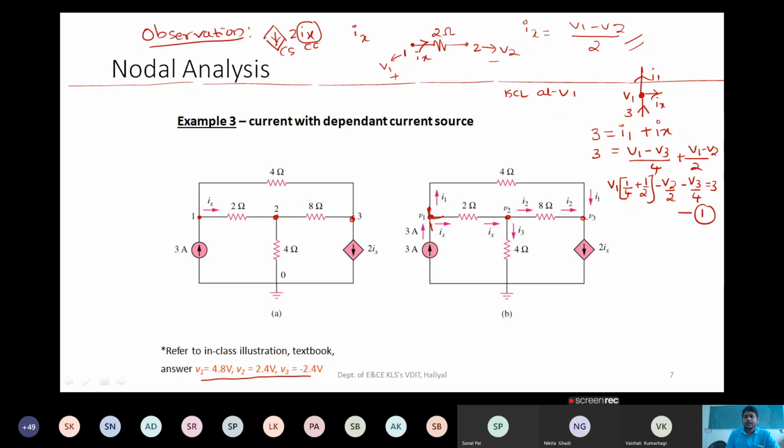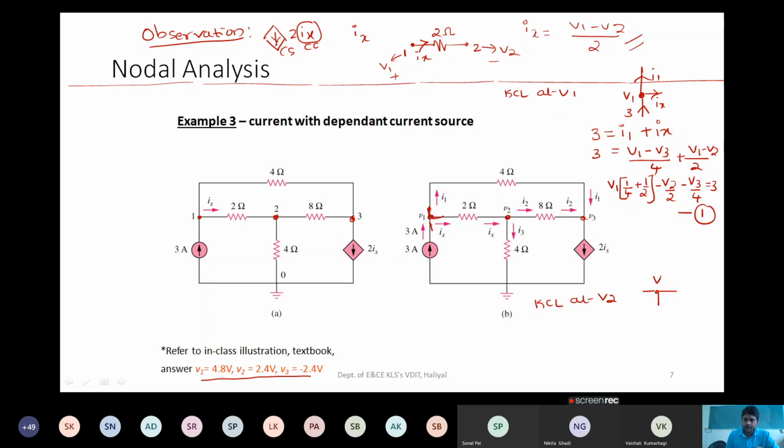Okay. Similarly, we apply KCL at node 2, KCL at V2. So what is the condition here according to the given directions?